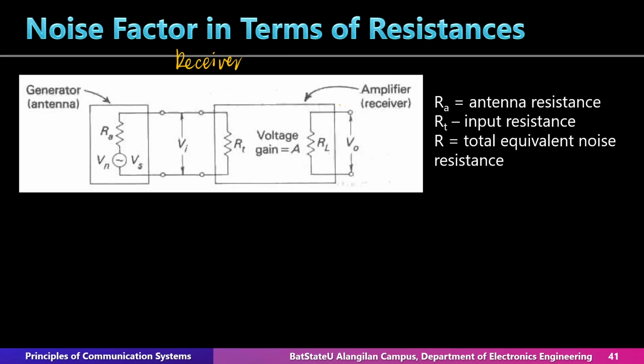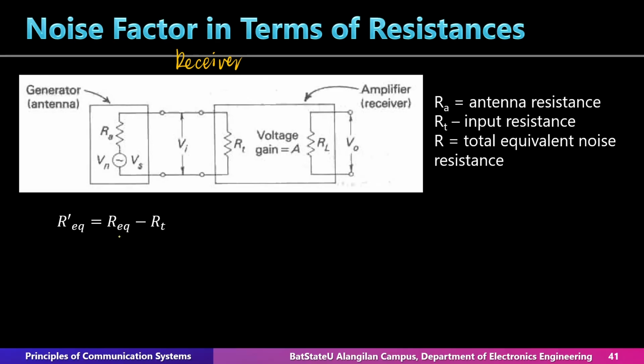Now, what do we plan to do? We would like to solve for an equivalent noise resistance that does not include RT, the input resistance of the amplifier. That means we only consider the equivalent noise resistance of the antenna. That is Rx, which we computed earlier using the formula, minus RT.